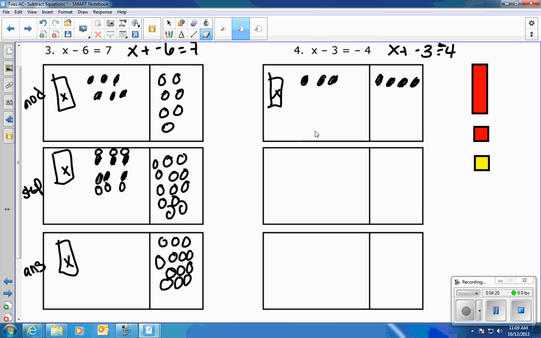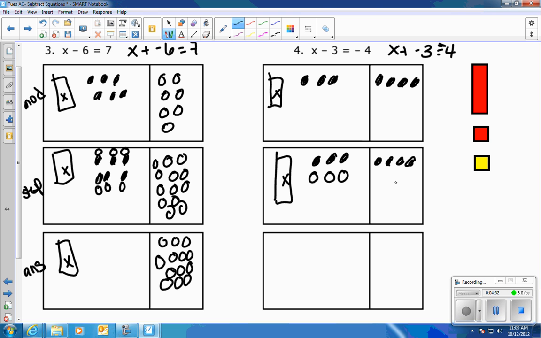Okay, so here's my model, and then of course I need to redraw it down here. And how do I get rid of negative 3? With positive 3. So what's left goes in my answer box. All of this is gone. These all cancel out as well. And I just have negative 1 left.